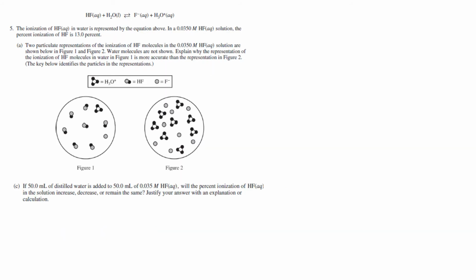So in this last part of the problem, we are adding 50 mLs of distilled water. So we're diluting down our original concentration. And they want to know what's going to happen to the percent ionization of our weak acid. Will it increase, decrease, or remain the same? They're asking us to justify with an explanation or calculation. I'm going to do this with a calculation.